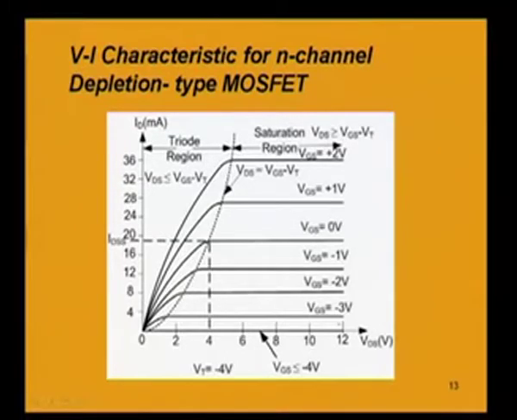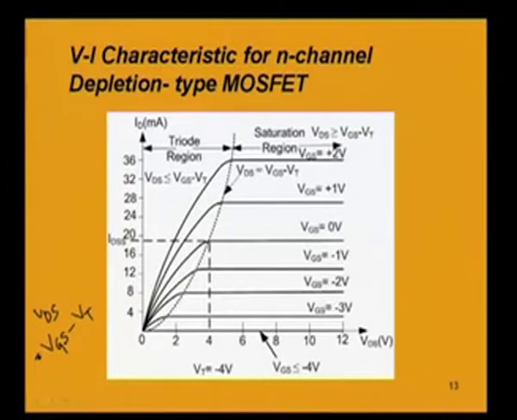Now, when we have gate to source voltage greater than the threshold voltage, of course it is still negative, but greater than the threshold voltage minus 4 volt. Suppose it is minus 3 volt, then current will be flowing and it will reach the saturation value at a voltage defined by VGS minus Vt. Mind it that for this particular device, the threshold voltage is negative.